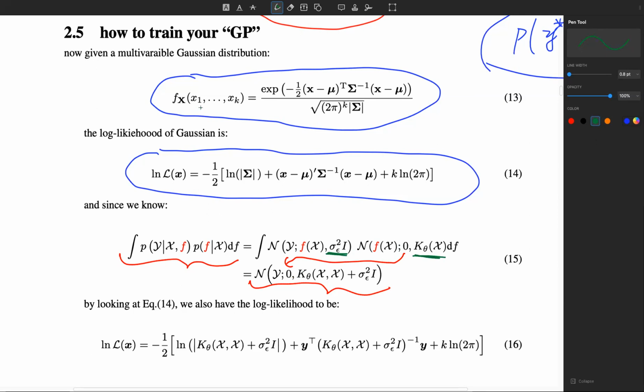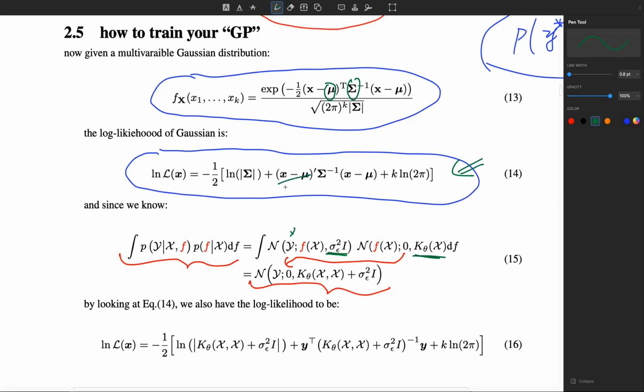And therefore, if I write out a Gaussian distribution with this type of mean and this type of covariance matrix, the log likelihood is this. So all I need to do is just copy this, and I change X to Y because now the random variable is Y. So I change everything from X to Y, and the mu is 0.